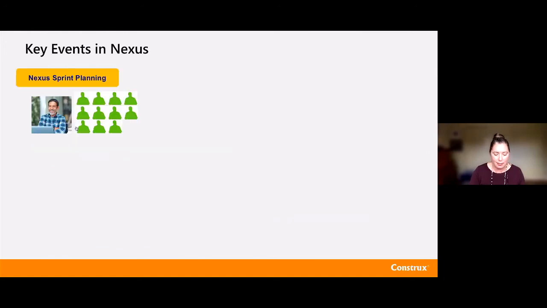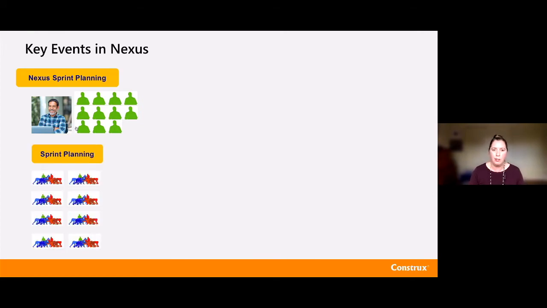Key events in Nexus, we're going to have our Nexus sprint planning, a short coordination meeting to talk about the big picture, talk about our overall sprint goal, any interdependencies, which items are going to go to which teams, and then the teams will go into detailed sprint planning. So this has a very similar feel to what we were looking at in LeSS.